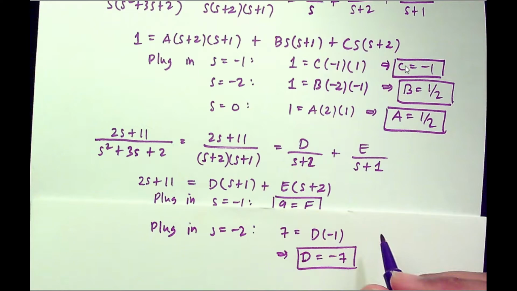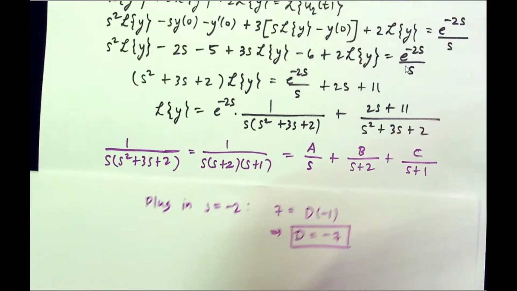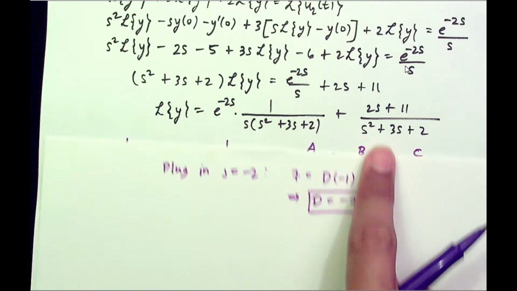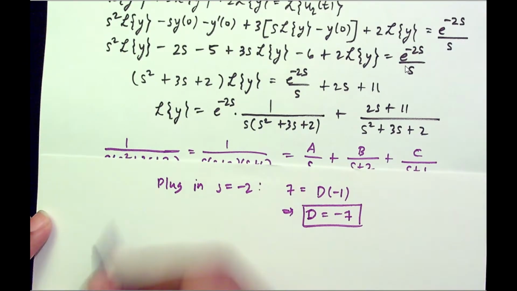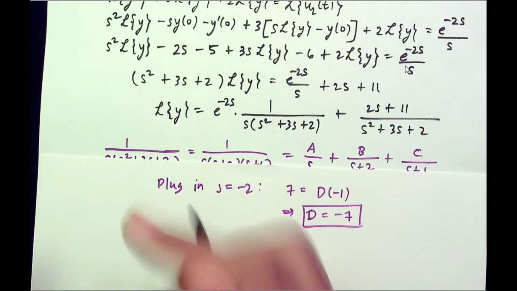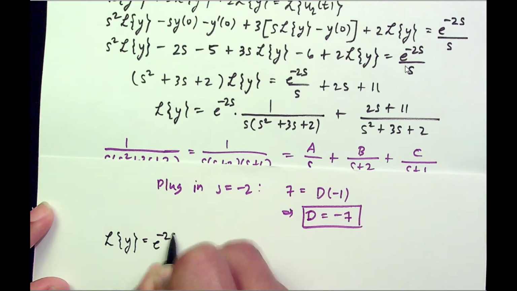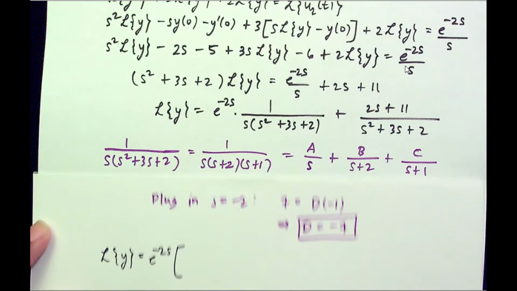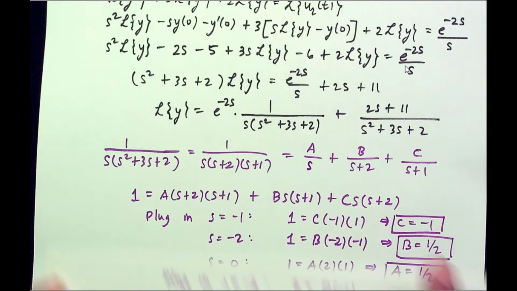Okay, now we have the entire decomposition, so we can go back here and decompose everything and write down. The Laplace transform of y equals e to the -2s, and then let's write down here what this is broken up, and it is this, where a equals a half.